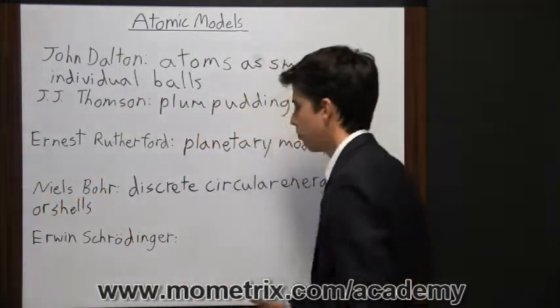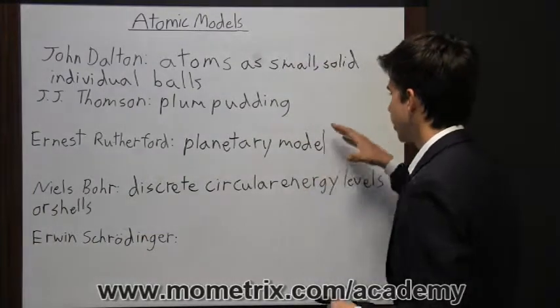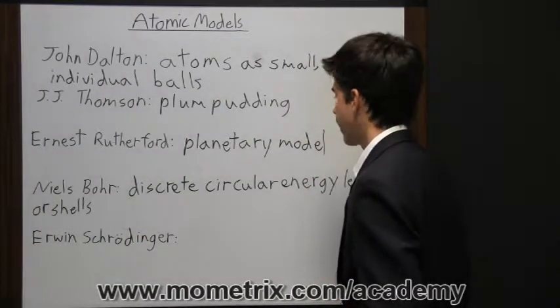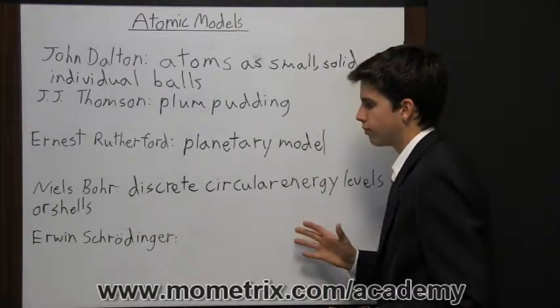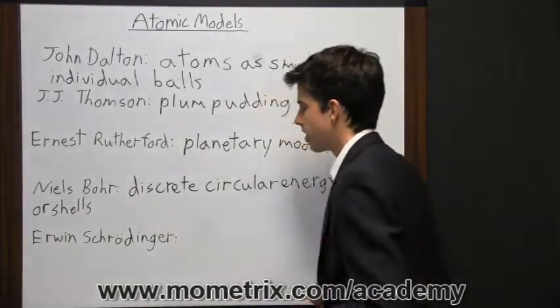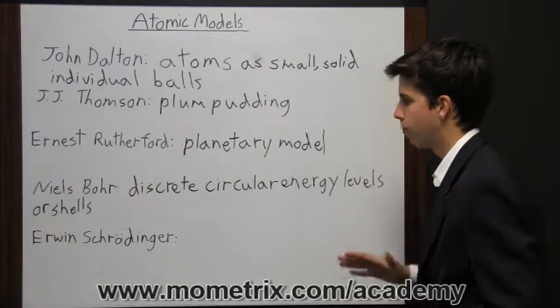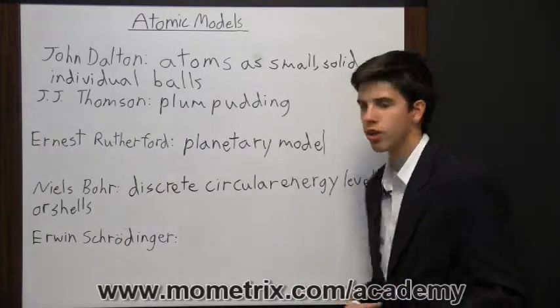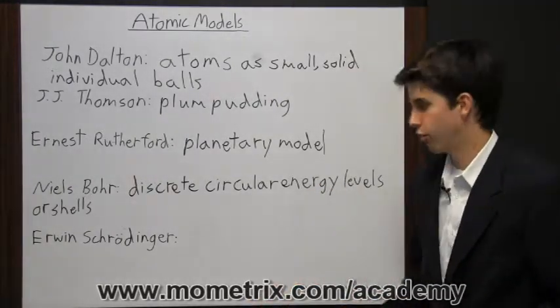So you can see here how Bohr didn't come up with this idea on his own. He took the planetary model and modified it some to be up to date with some current scientific discoveries. So notice this was discovered by Bohr, so we call this the Bohr model, or the Bohr atomic model, which you're probably somewhat familiar with.